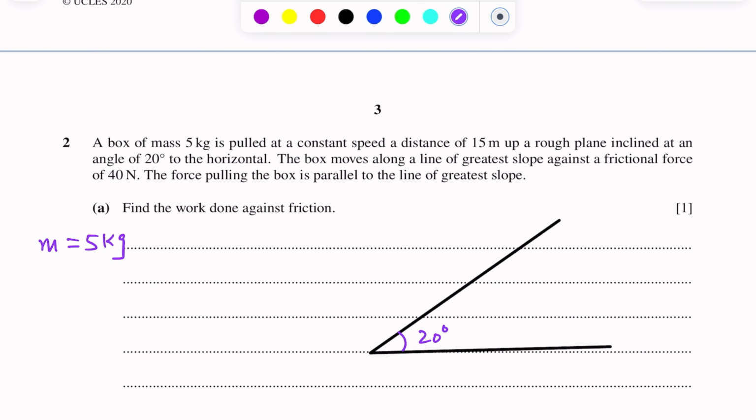A box of 5 kg is pulled at a constant speed. Constant speed means acceleration is 0. It is pulled 15 meter up a rough plane.